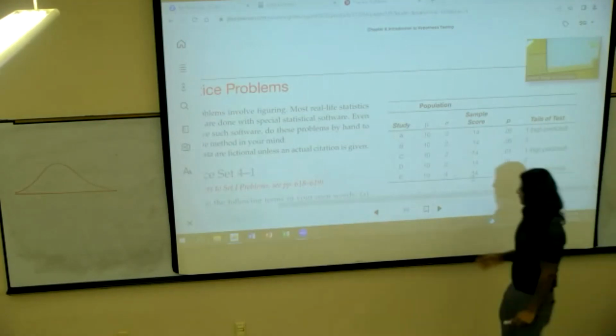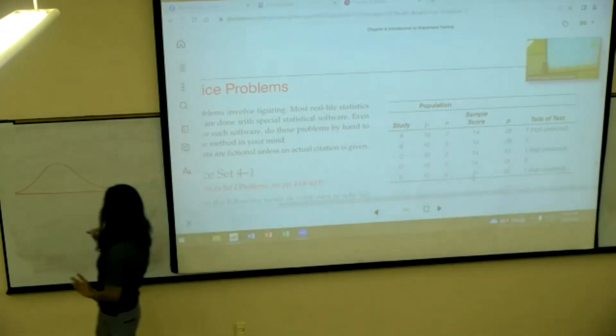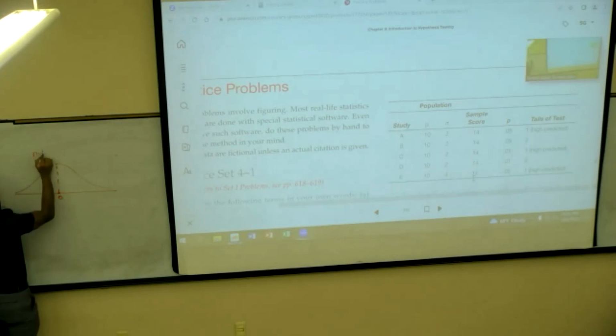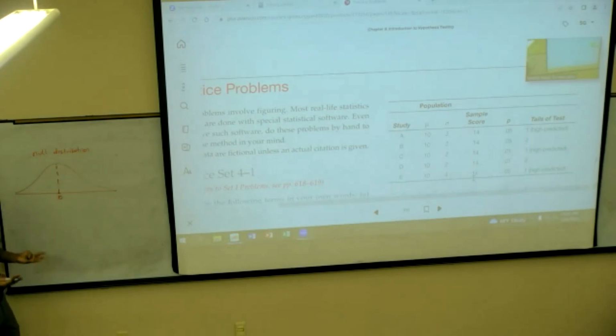Based on the assumptions, the normal distribution will have a mean of 0. I'm telling you this. It has a name. It is a standard normal.